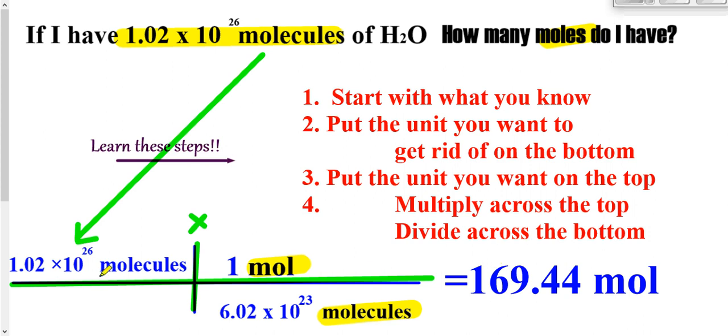The units molecules on the top are going to cancel the units molecules on the bottom, and the only units that we will have left in this formula are moles. So I'm going to get my answer in moles. This question is self-correcting. Because every unit that I wanted to get rid of has been canceled, and the only remaining unit is moles, I know I've set the problem up right.